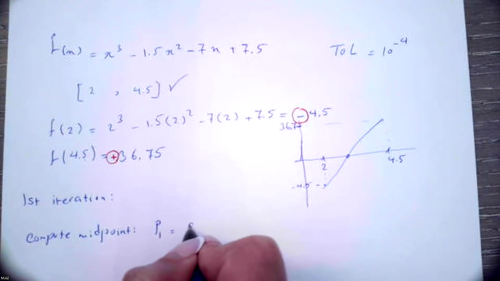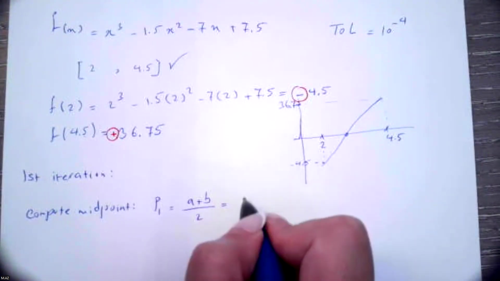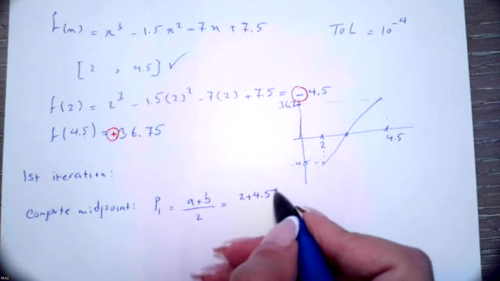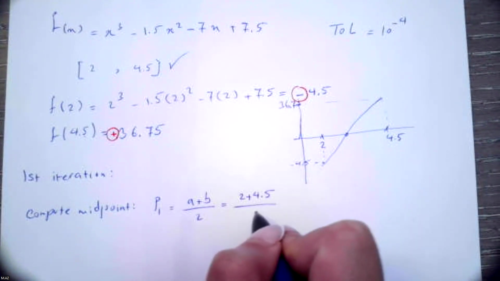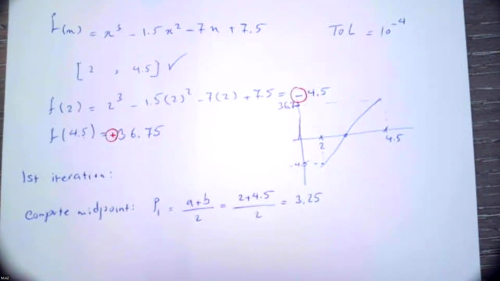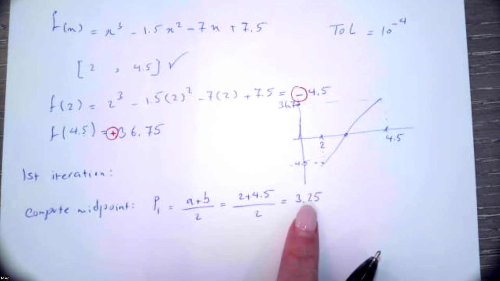P1 equals A plus B over 2, meaning 2 plus 4.5 over 2, is 3.25. How can we check whether this is a root of the function or not?